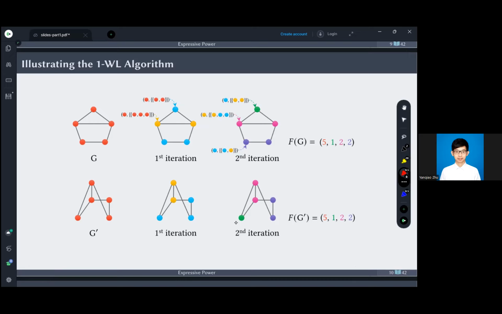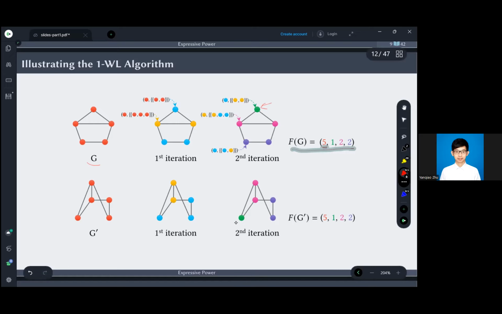Okay, so after we terminate the algorithm, we will get the final result. At the end of the algorithm, we are going to look at every iteration. For the first iteration, or the input stage, we have 5 red nodes, right? So we calculate the histogram of the node colors with respect to their size, and we have one green node, 2 purple nodes, and 2 pink nodes.